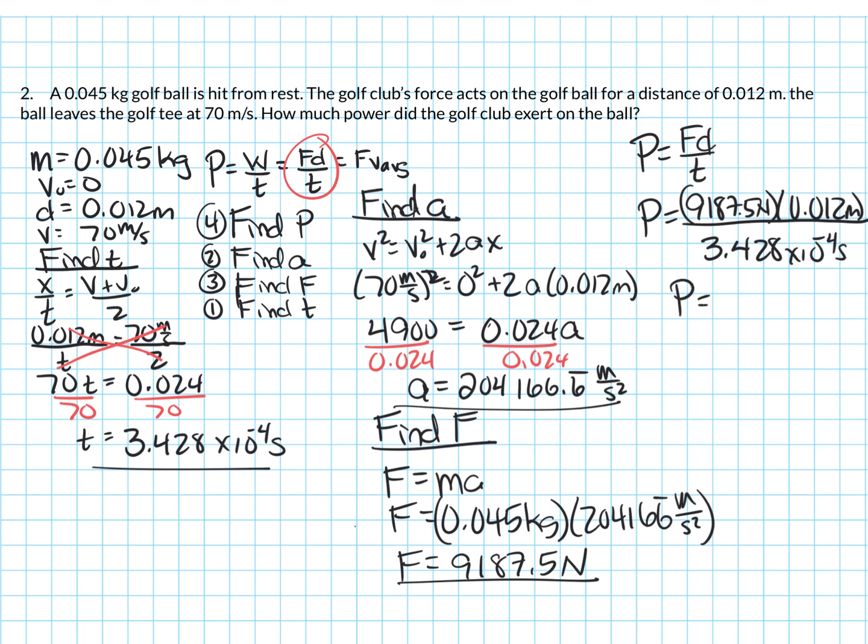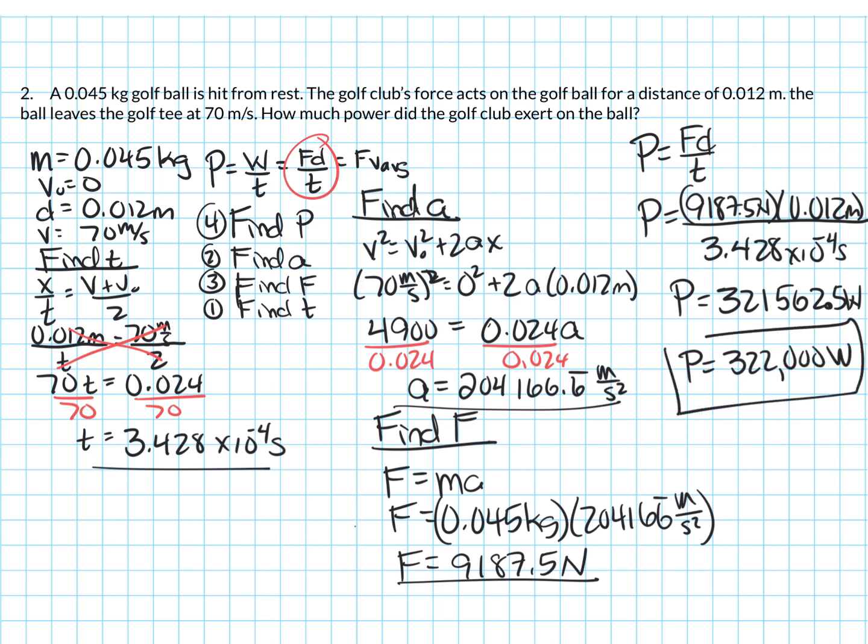So the power delivered by the club is 321,562.5 watts. If I wrote that with 3 significant figures, that would be 322,000 watts. And in case you're wondering, that's about 431 horsepower.